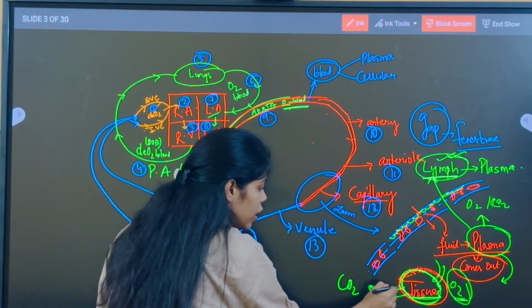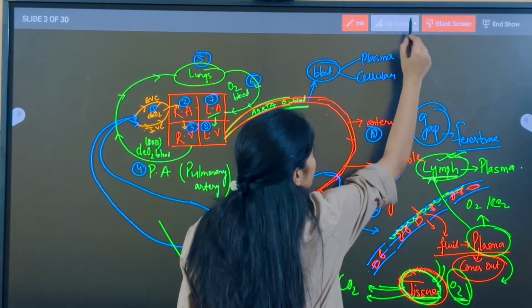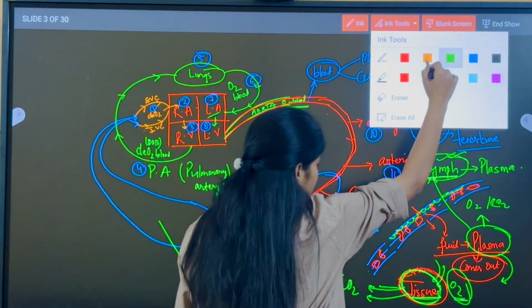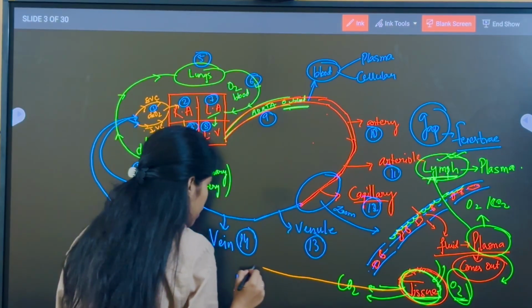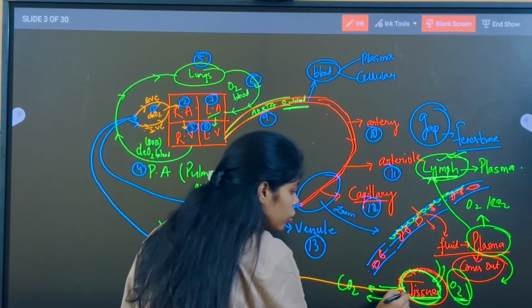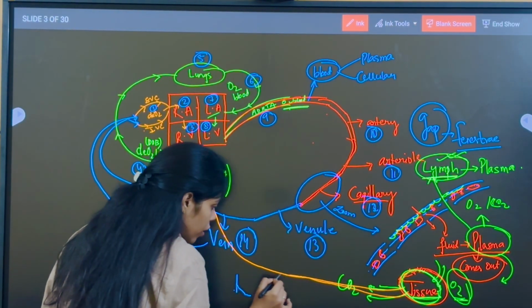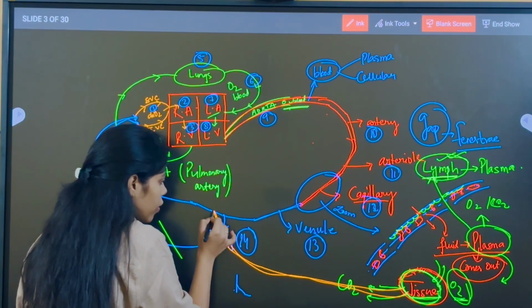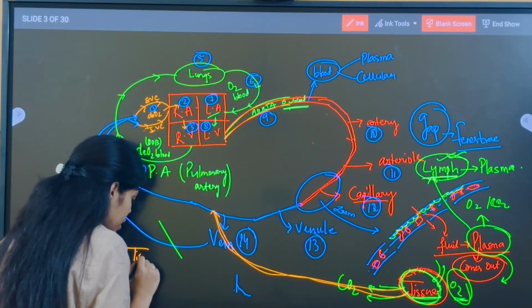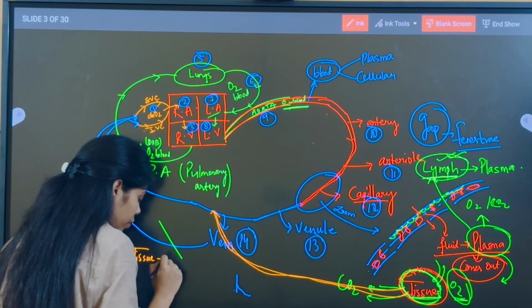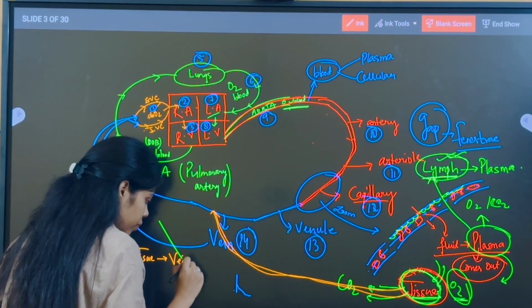Now, this carbon dioxide from the tissue, it will go back to the vein. टिश्यू से वेन तक जा रहे हैं.